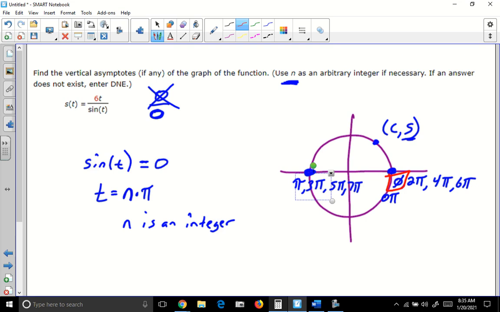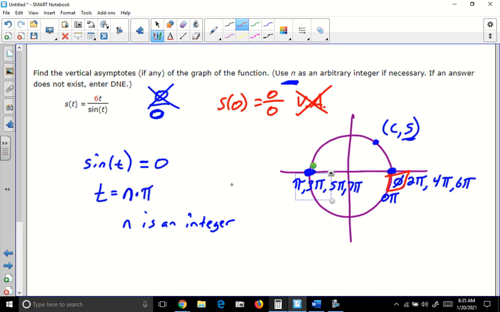If we put a 0 in, we get 6 times 0 on top, and sine of 0, which is 0, on bottom, and that's not a vertical asymptote. That is undefined, but remember that if we get 0 on top, it's not a vertical asymptote, it's a hole. That's a removable discontinuity.